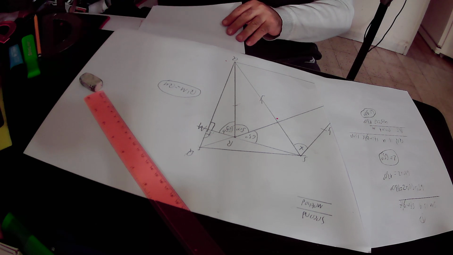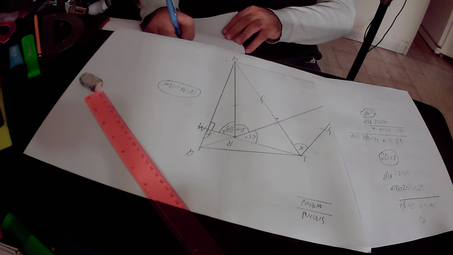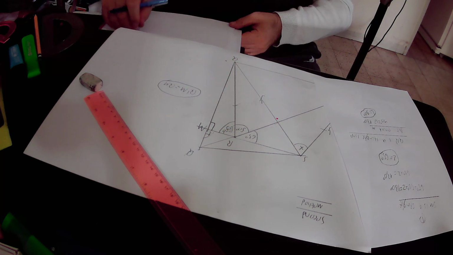So we will focus on the right triangle QRM and the right triangle Q'RM. Actually, we will prove that those two right triangles can go into each other.